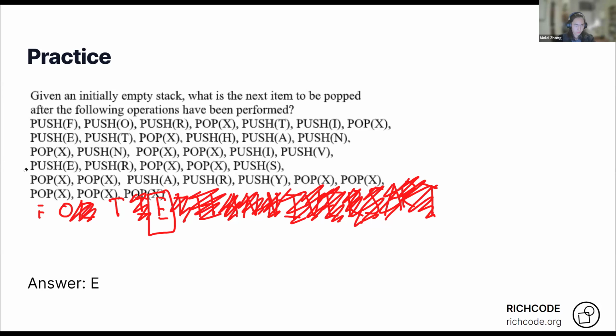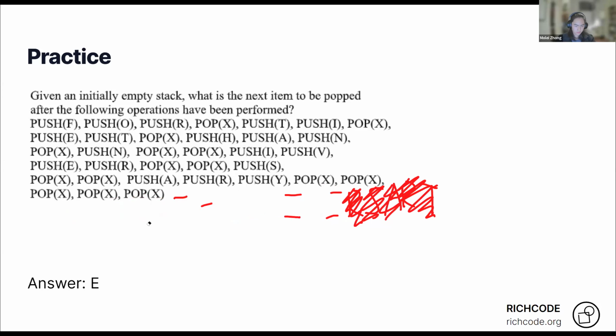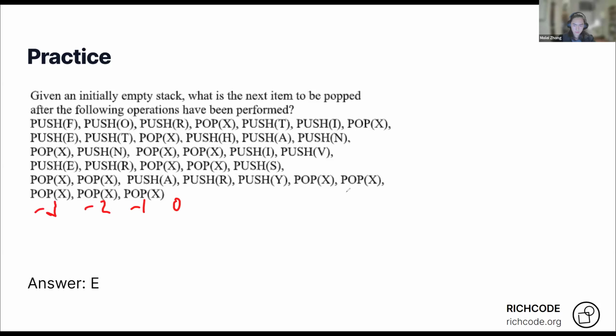And now let's do this the counting way, the fast way. So starting from the end, we start with 0 and then pop brings us to -1, -2, -3, -4, -5, push, -4, -3, -2, and we pop 2 more times, so -4.